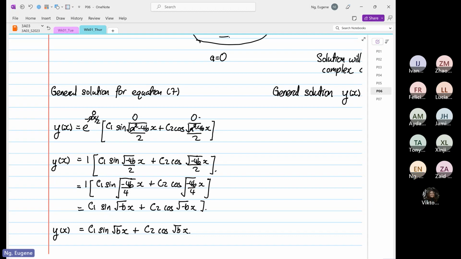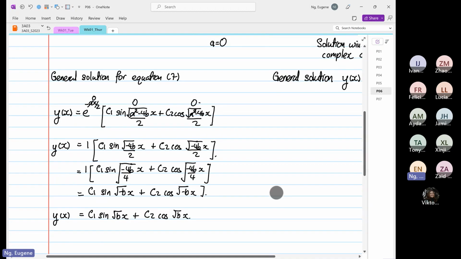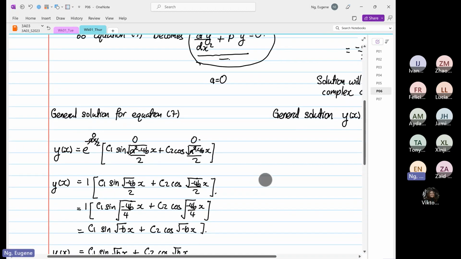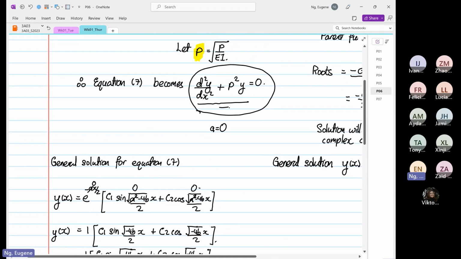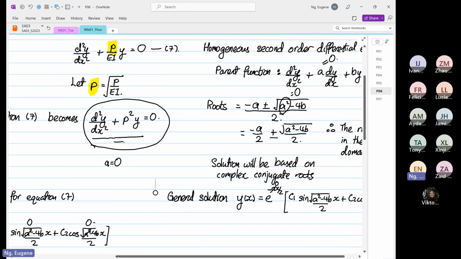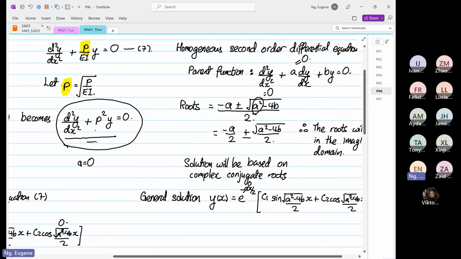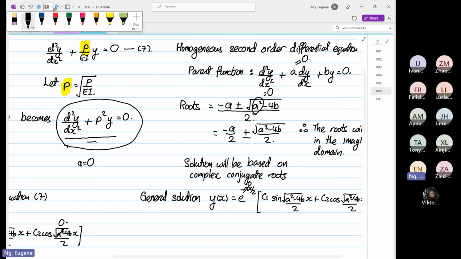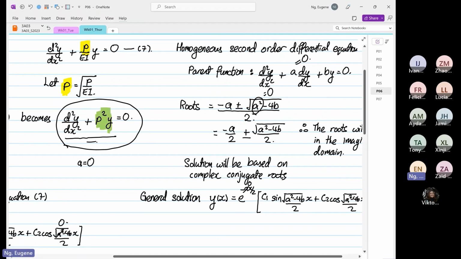So now we know that b, so if we go back to this function, let's focus on these two terms now. Let's focus on p squared y and by. We know that p squared is equal to b.